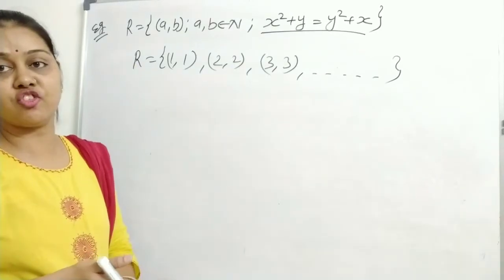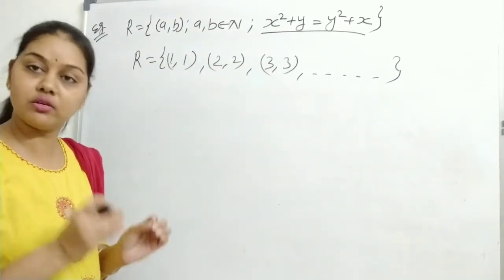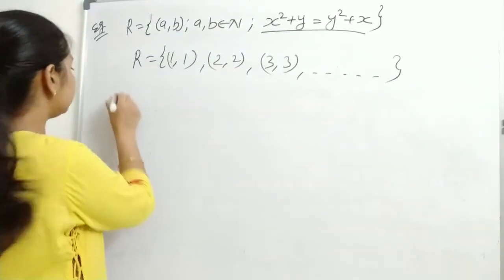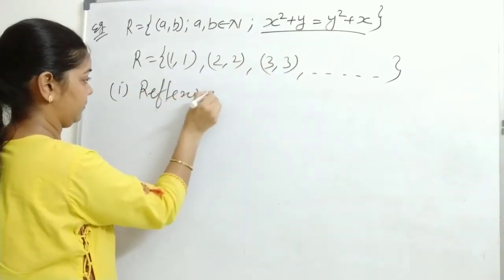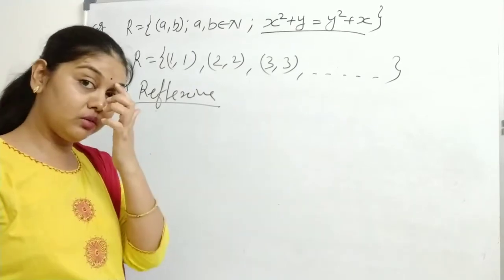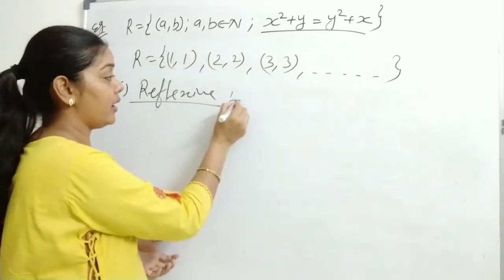Check whether this relation R is reflexive, symmetric or transitive or not. First is reflexive. For reflexive, what condition is required?